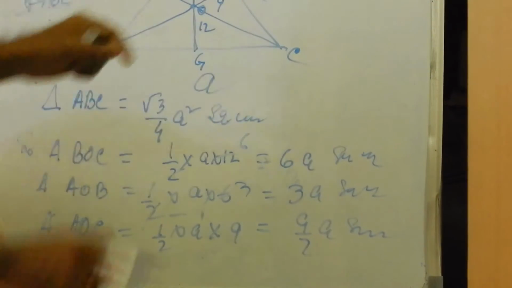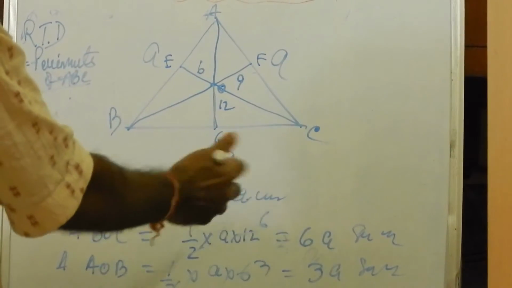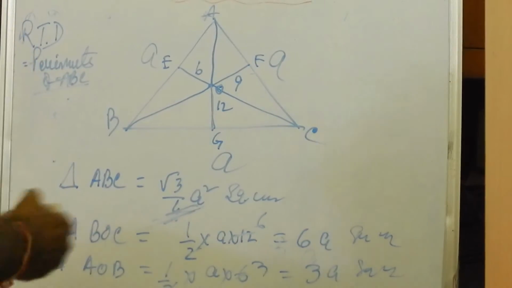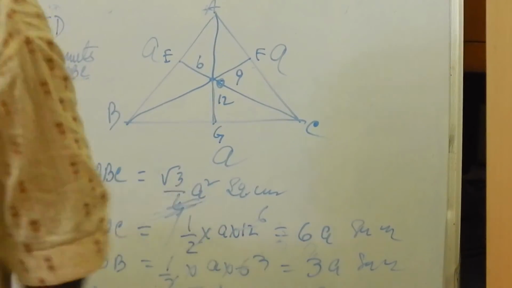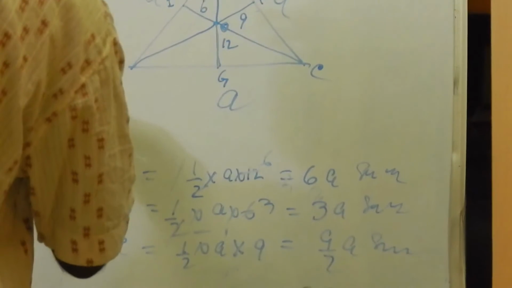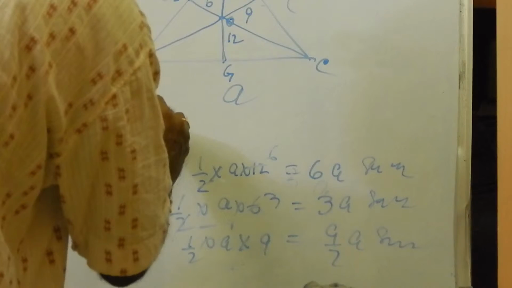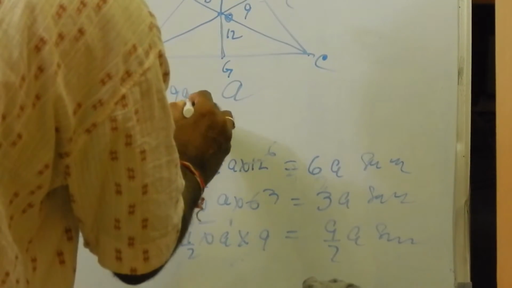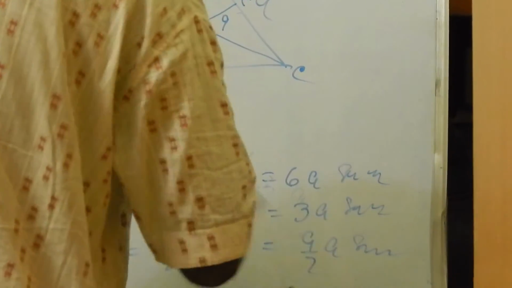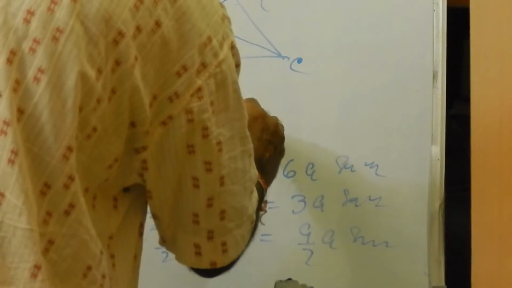And these triangles are within that very big triangle. So if we add them, we will get this big triangle. So this is our clue. So we can write, by the problem, 6a plus 3a plus 9a by 2 equals √3 by 4 a square.